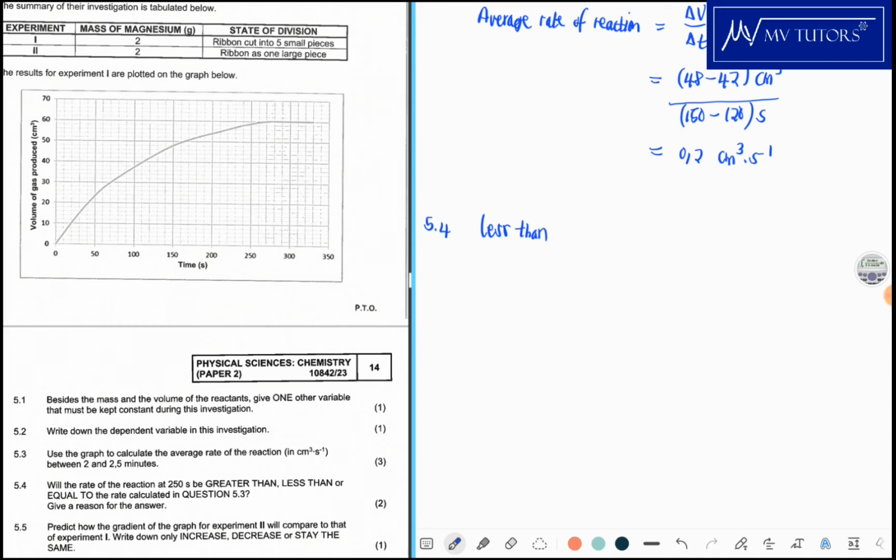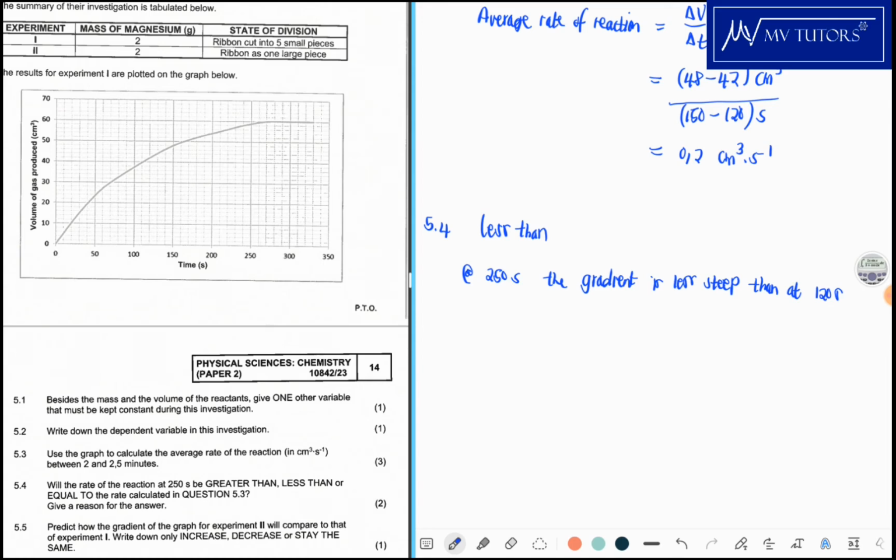Now, if we were to give a reason for our answer, again, like I said, the gradient is less steep at 250 seconds. So at 250 seconds, the gradient is less steep compared to the one at 120 seconds or even 150 seconds.